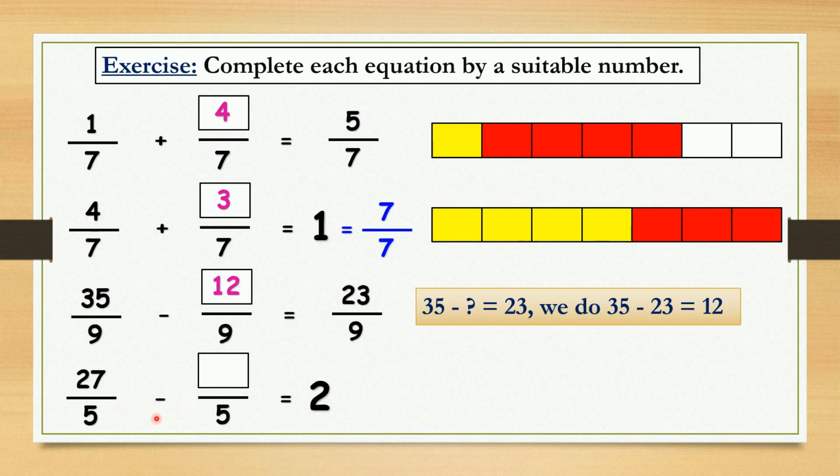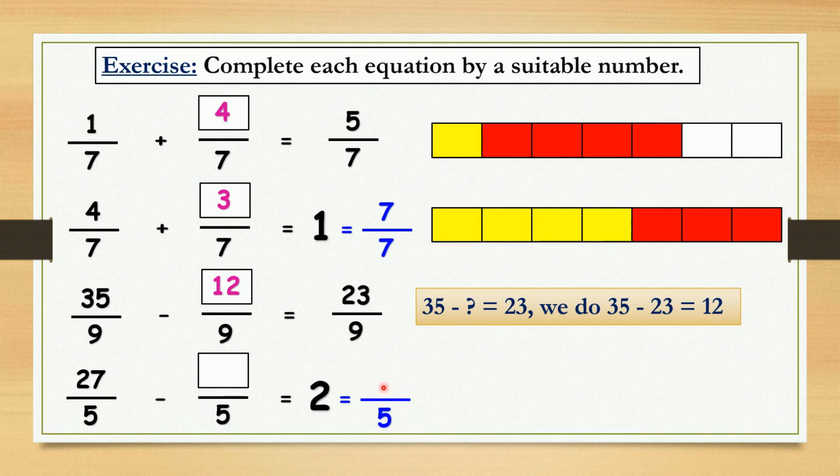27 over 5 minus which number over 5 equals 2? Here we have the same problem. Here we have a whole number. So as we did here, I ask myself, 2 is equal to which fraction whose denominator is 5? So here I need to have the same denominator as the two previous fractions. How do I fix this problem?